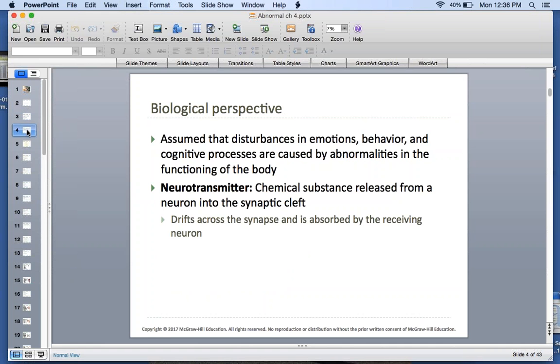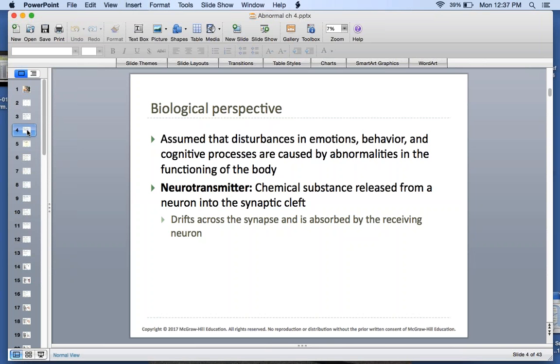So first we're going to talk about the biological perspective, and we're going to talk a lot about this, all right? With the biological perspective, we assume that disturbances in emotion, disturbances in behavior, and disturbances in cognitive processes are caused by abnormalities in the functioning of the body. Okay? A neurotransmitter.